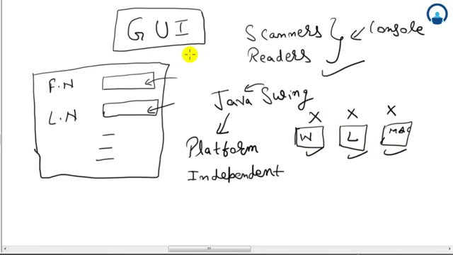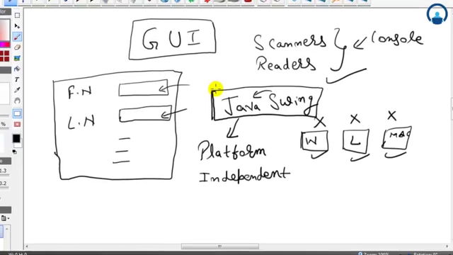So Java Swings also inherit their platform independency from the Java language. In this way, this provides a mechanism with which we can code platform independent UI using Java Swings. So moving on.